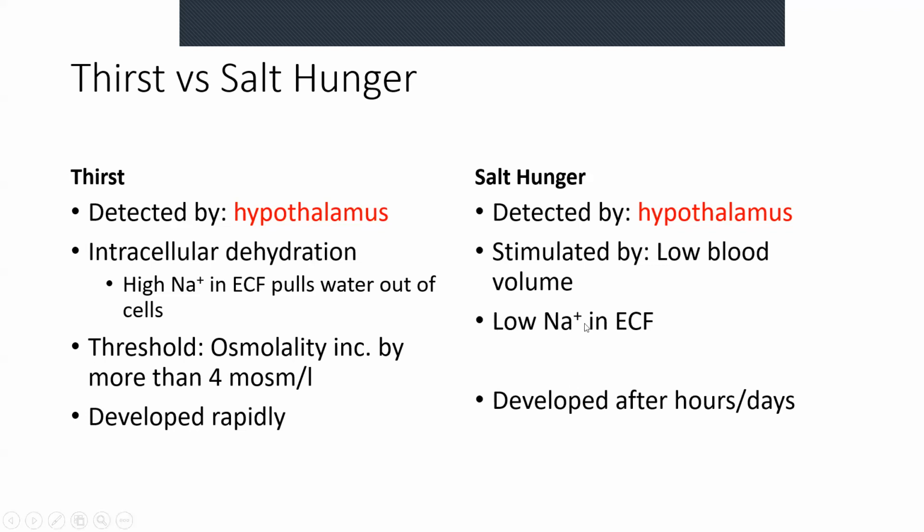And so this is going to push water into the cells, and so you'll develop salt hunger. Now the thing to compare between these two is that thirst happens very quickly. You'll notice that if you go for a run, you get thirsty very quickly. Whereas salt hunger, you'll hardly ever notice it, if you even do, because it develops after hours and days.